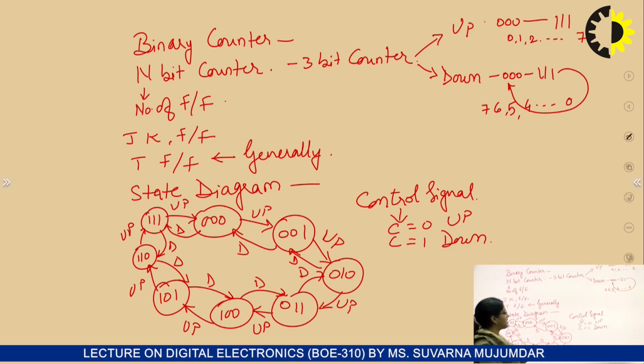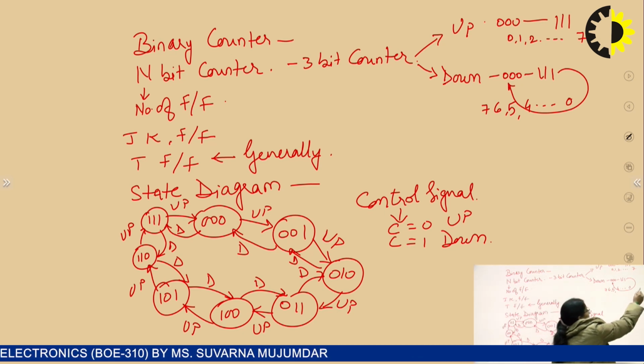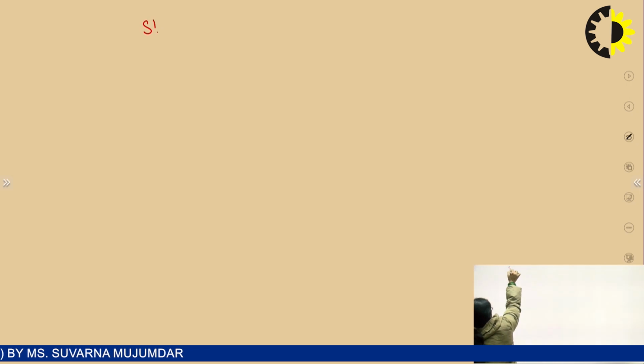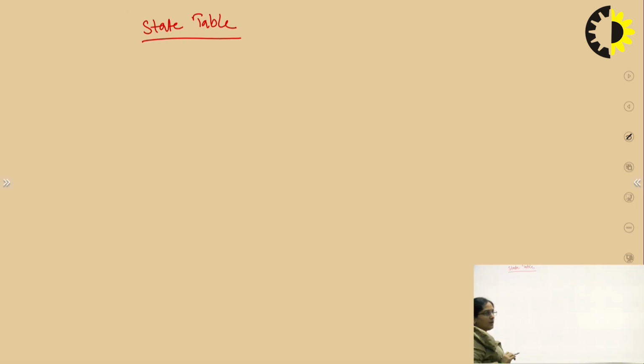While designing a 3-bit, 4-bit or 5-bit counter, the process is the same. We first decide the state diagram for this 3-bit counter, and then we go for the state table. In the state table, C is our input.